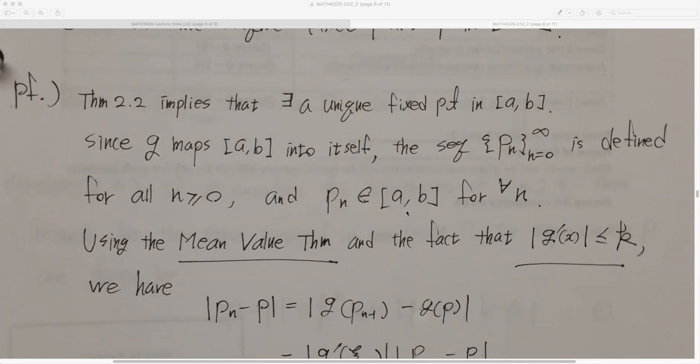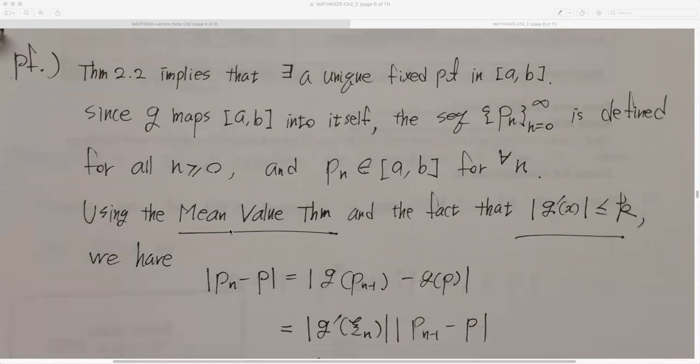It makes sense, right? Because pn is defined by g of pn minus 1, and for every x value in [a, b], the function value through g belongs to [a, b]. That's the assumption of theorem 2.3. So the sequence pn must belong to the closed interval [a, b].